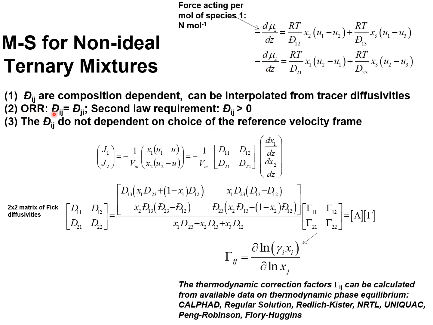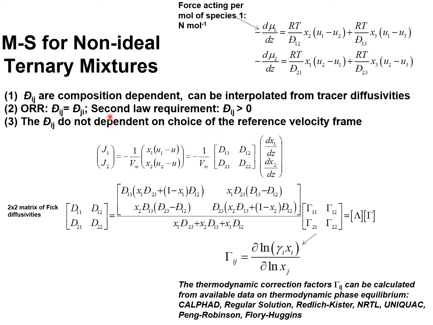The Onsager reciprocal relations demand the symmetry that D12 equals D21. So there are 3 independent Maxwell-Stefan diffusivities, and these are composition dependent. We will see later that these can be estimated from the tracer diffusivity data.